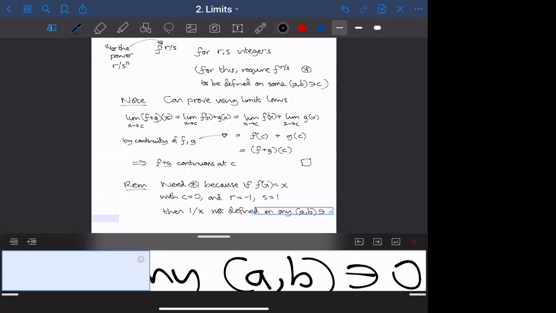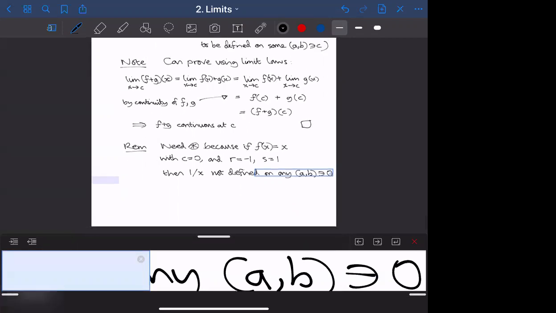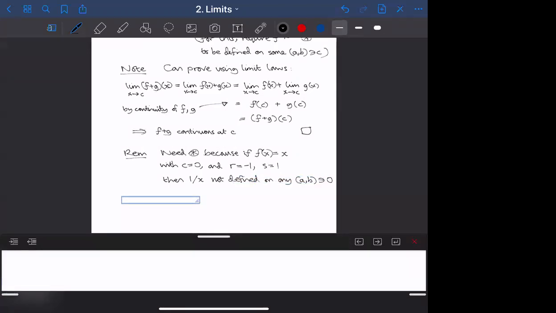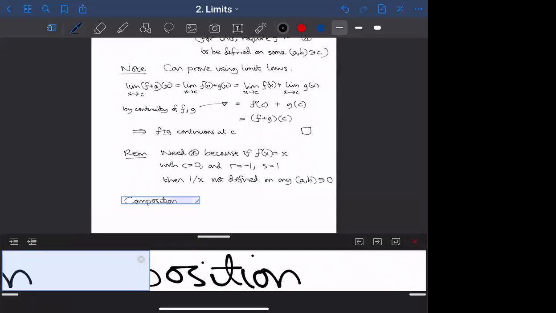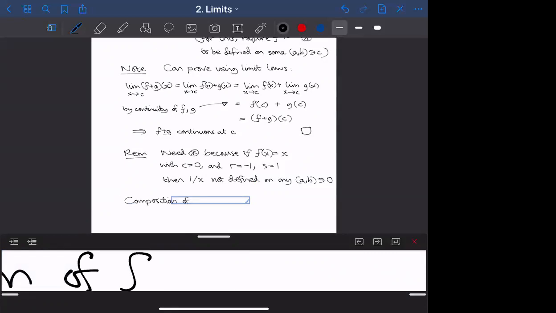Okay, we'll give some more examples, and then talk about compositions of functions. And maybe we'll give an interesting example at the end. So composition of functions.